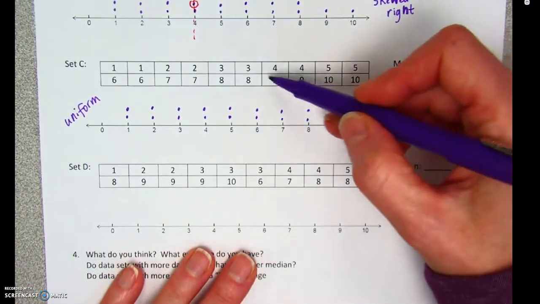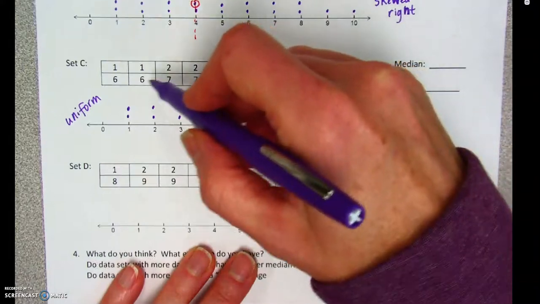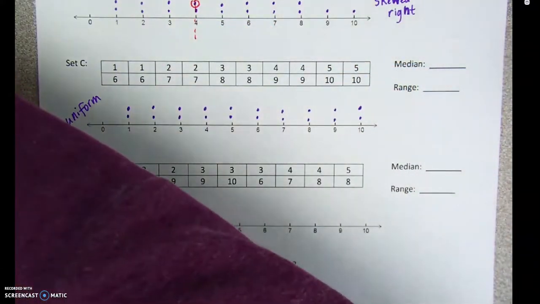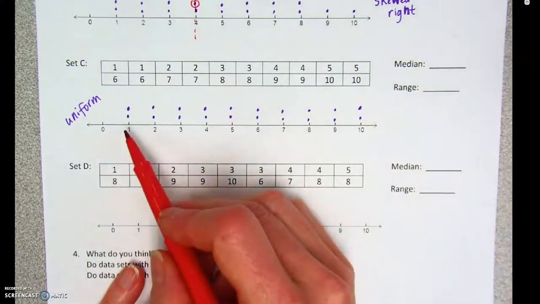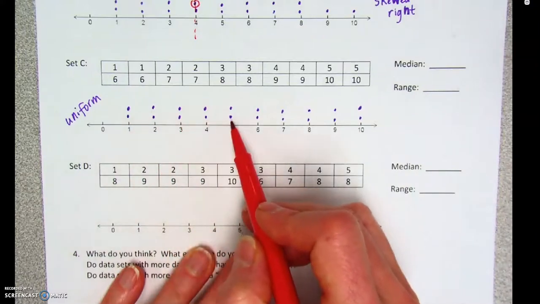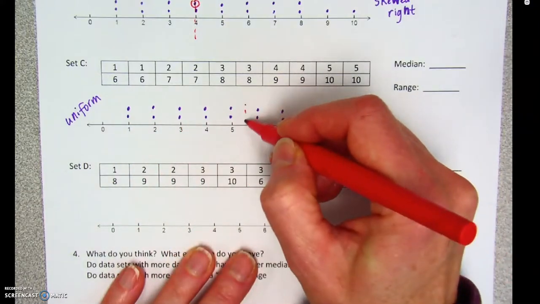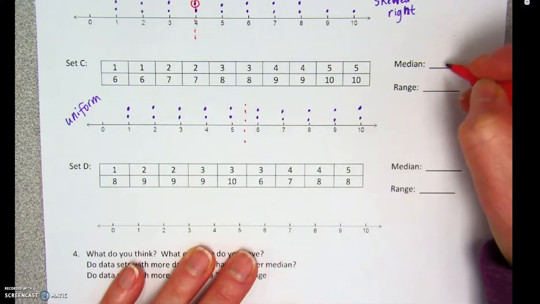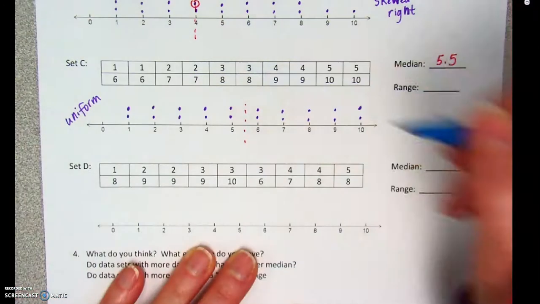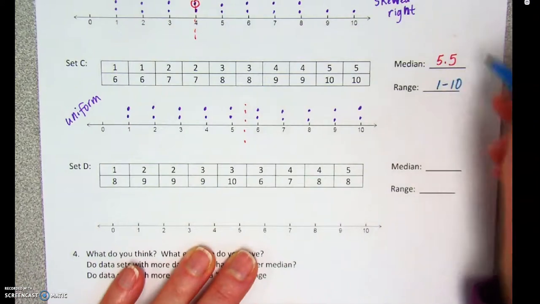2, 4, 6, 8, 10, 12, 14, 16, 18, 20. So in between the 10th and the 11th, 1, 2, 3, 4, 5, 6, 7, 8, 9, 10, right there, it is 5.5 again, with the range of 1 to 10.